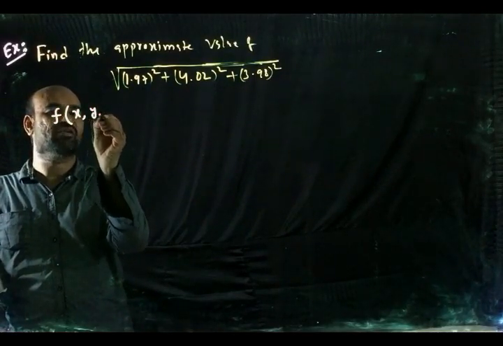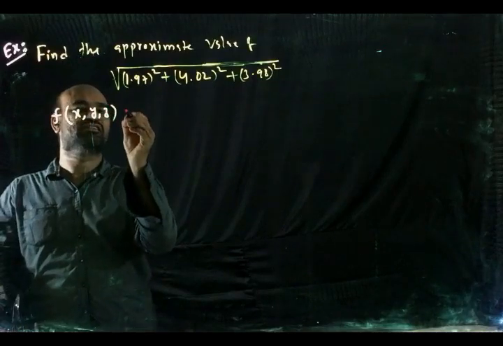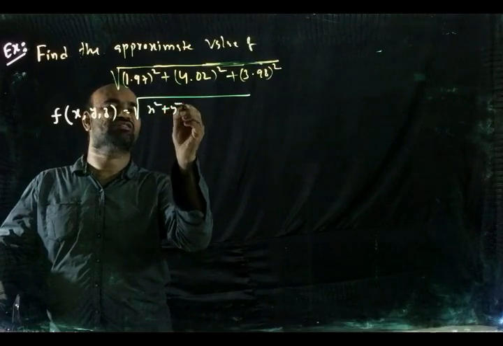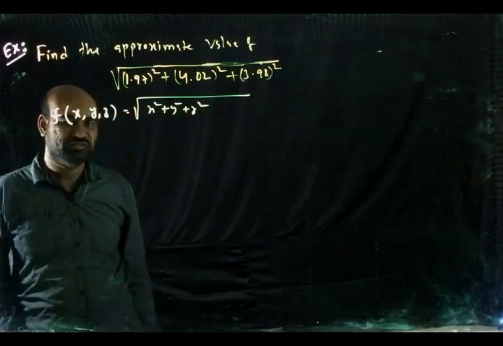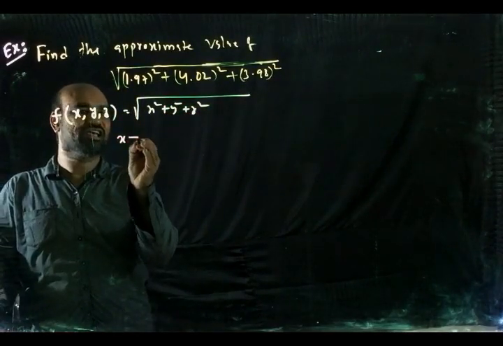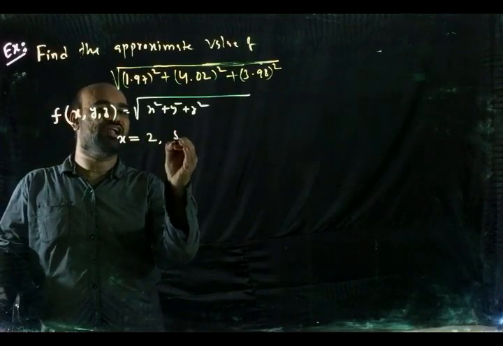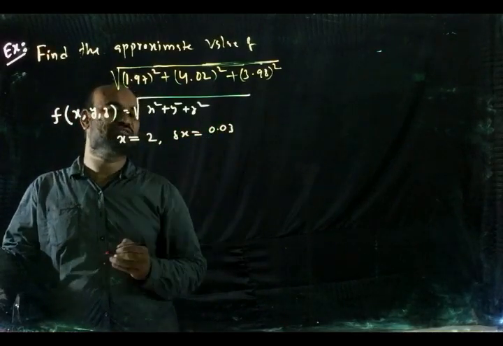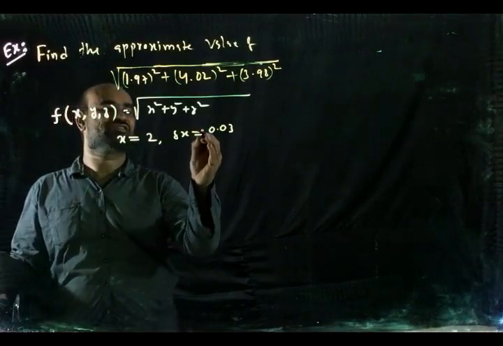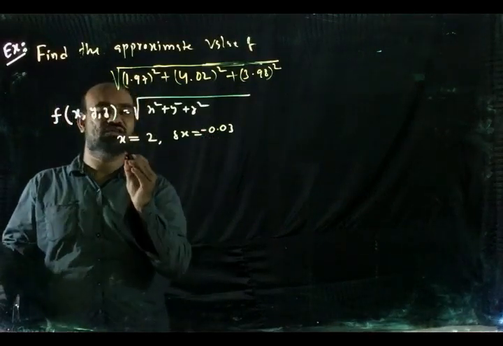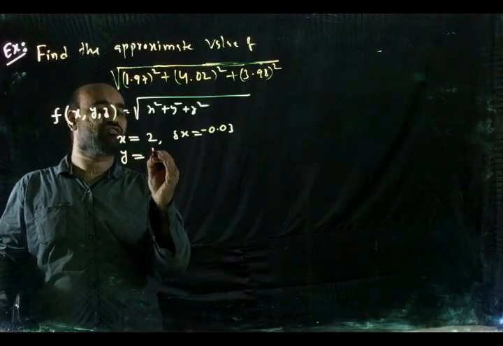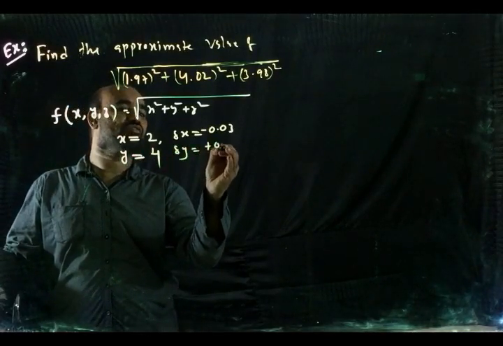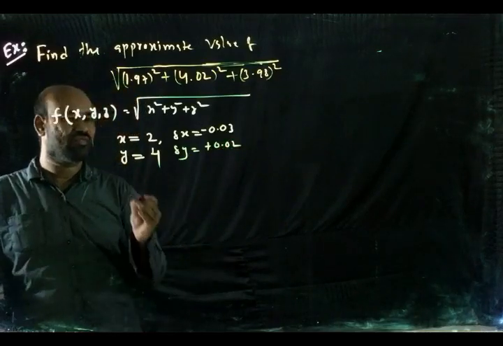F of x comma y comma z equal to root over x square plus y square plus z square. X is taken as 2 and delta x is taken as minus 0.03. Y is taken as 4 and delta y is taken as plus 0.02.